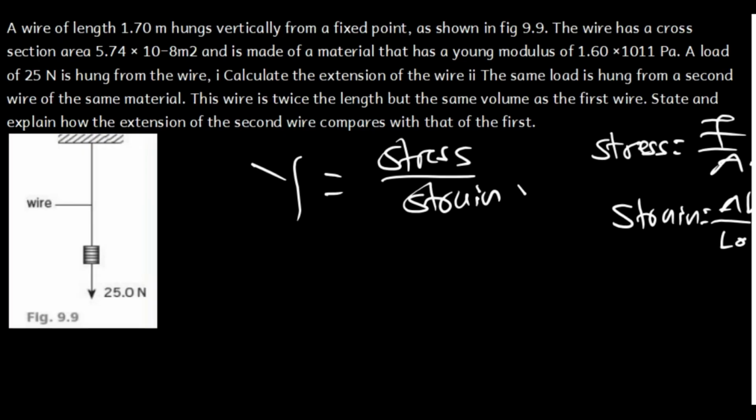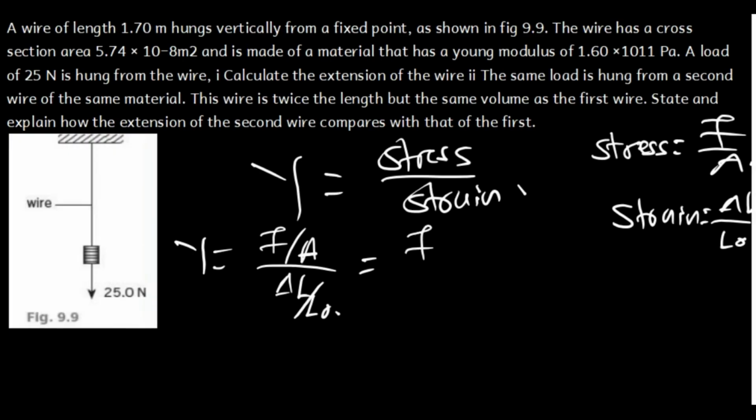Okay. So now I can derive the formula where I can say Young's modulus is equal to stress, which is force divided by area. Then strain is the change in L divided by L initial. So this is the same as force divided by area, divided by change in L divided by L initial.